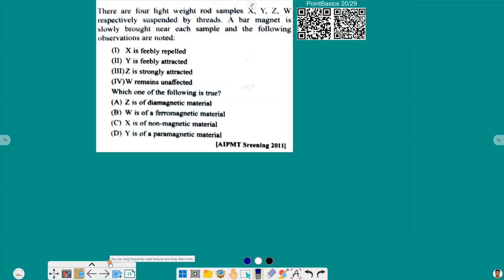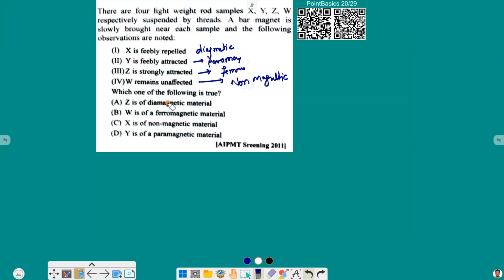There are four rod samples X, Y, Z, W suspended respectively by thread. Now X is feebly repelled, so it is a diamagnetic material. Y is feebly attracted, meaning it is paramagnetic. Strongly attracted means ferromagnetic, and remains unaffected means non-magnetic.